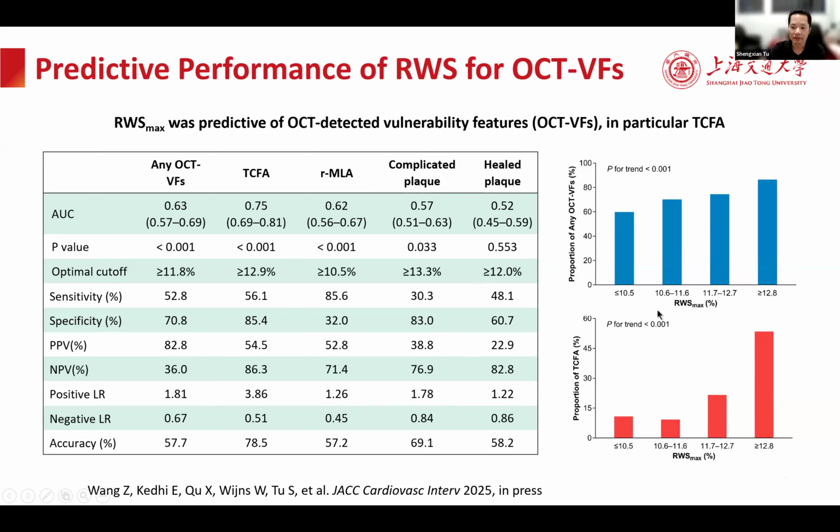As you can see in the figure here, the higher the radial wall strength, the higher the prevalence of OCT-derived vulnerable features. And for TCFA, if you have a radial wall strength higher than 12.8%, you have a higher prevalence of TCFA. And the area under the curve is 0.75.